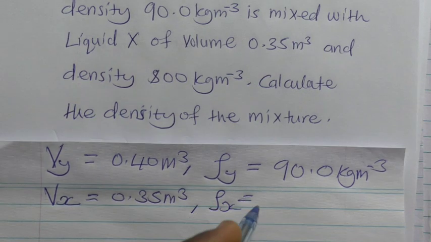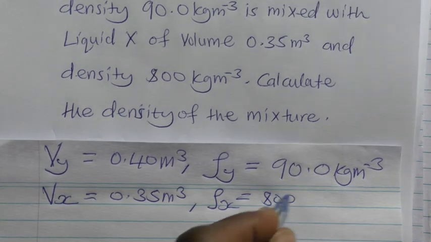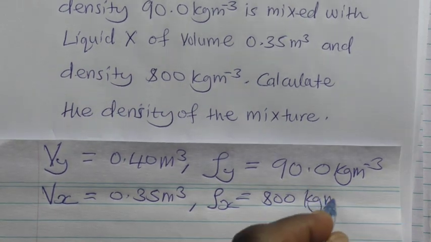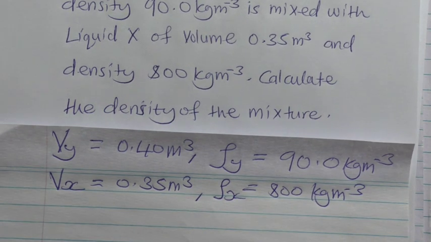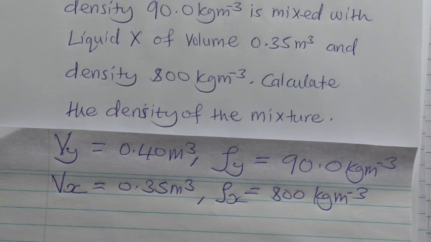So the density of X is 800 kilograms per meter cubed. The question is asking for the density of the mixture.